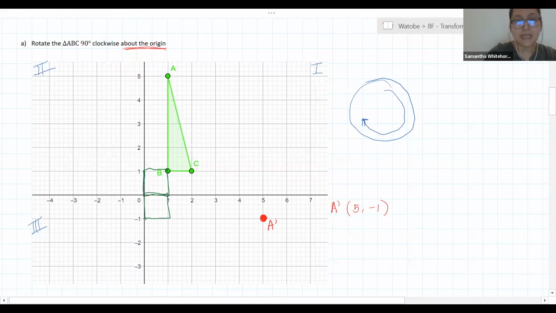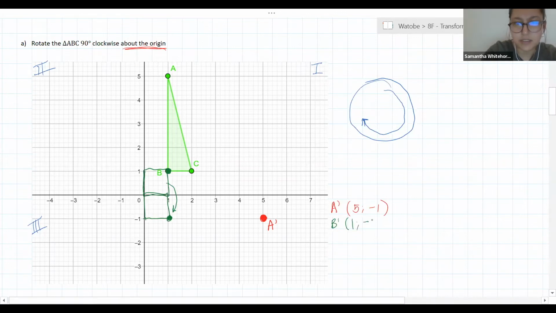Remember where B is on the rectangle. So when I now rotate this, point B is going to sit down here. It's turned 90 degrees. So B dash, and remember we use that apostrophe to illustrate that a point has been transformed in some way. This B dash is then at 1, -1.